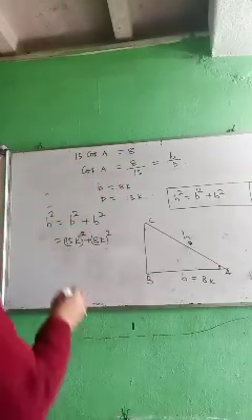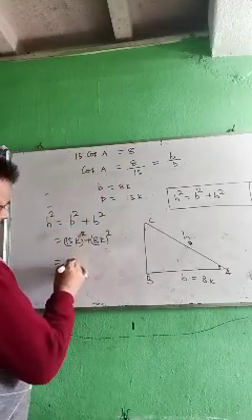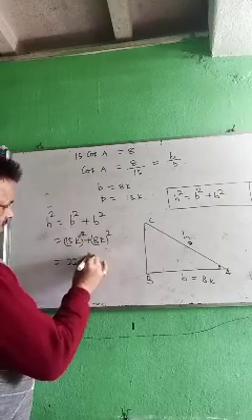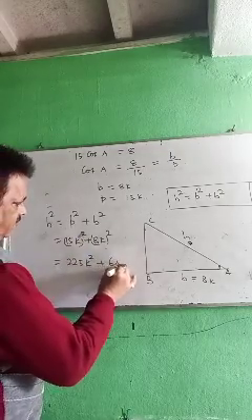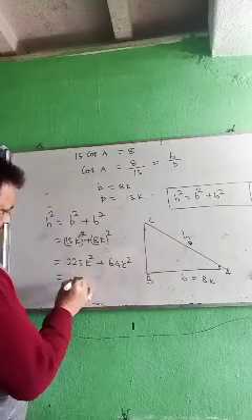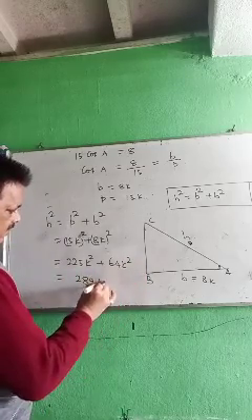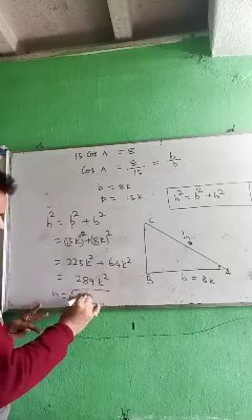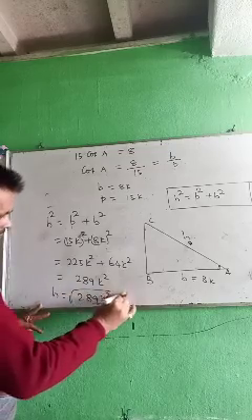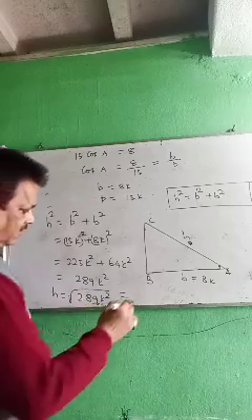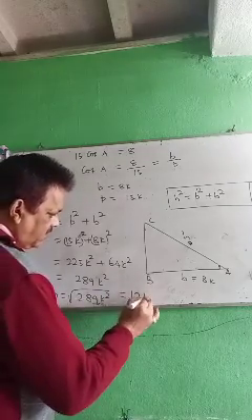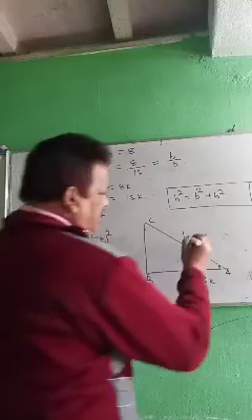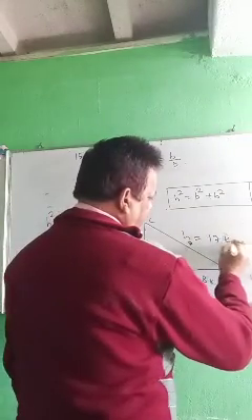How much will you get? 15 15 is 225K square, plus 64K square. This is 289K square. H equals root over 289K square. 289 is 17, K square is K. That means this becomes 17K.